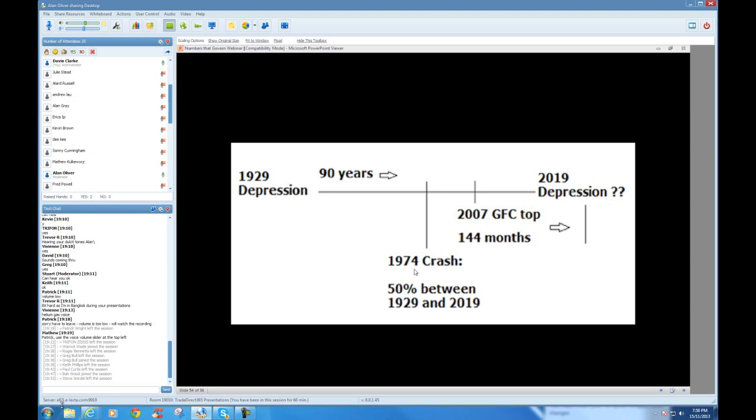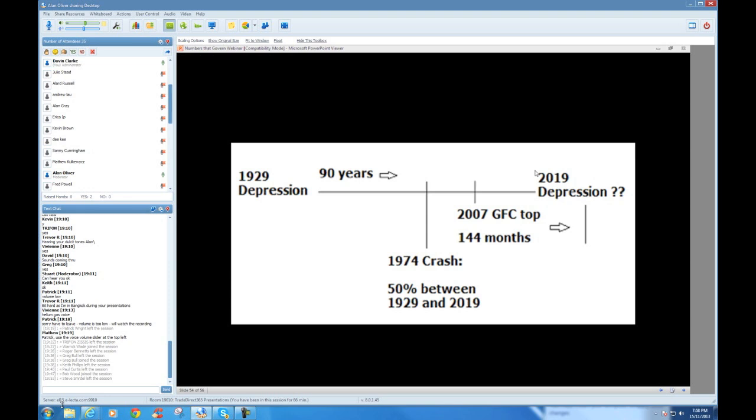And if you know your history, there was a massive crash. In fact, some people say the crash in 74 was much bigger than the crash in 1987. But it's exactly halfway between 1929 and 2019. We've just had a global financial crisis, and that started the end of 2007.